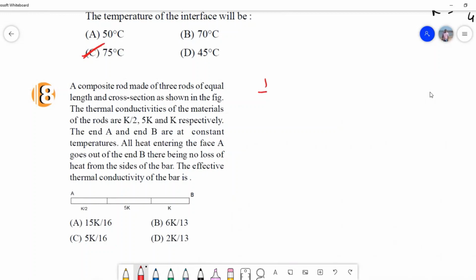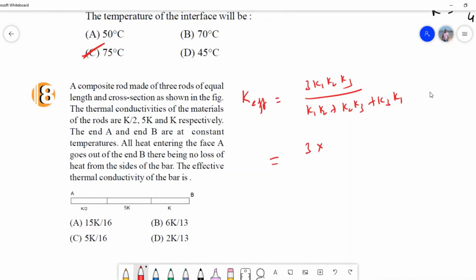We know that for three thermal conductors, K effective is equal to 3 K1 K2 K3 upon K1 K2 plus K2 K3 plus K3 K1. So it's a simple formula based problem.